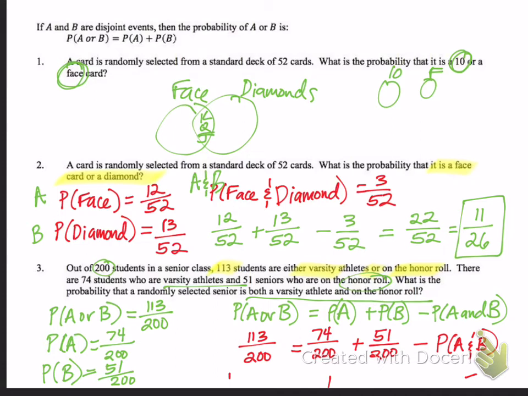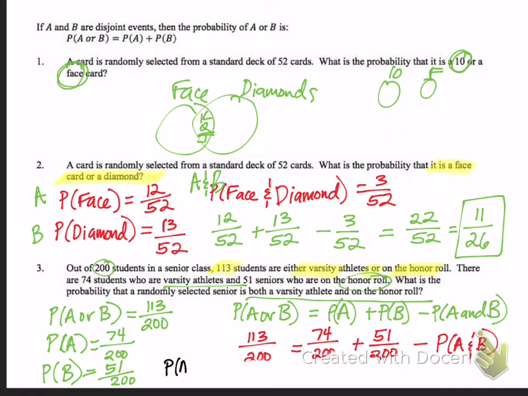So then I want to solve for the probability of A and B. I could move the probability of A and B over and then subtract the 113 from 200. Since they're all over 200, you could technically drop the 200, but we want to find the probability at the end, so I'm going to leave it.